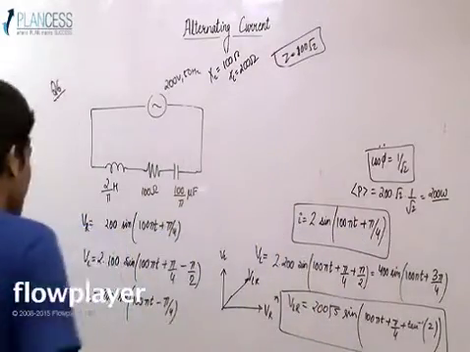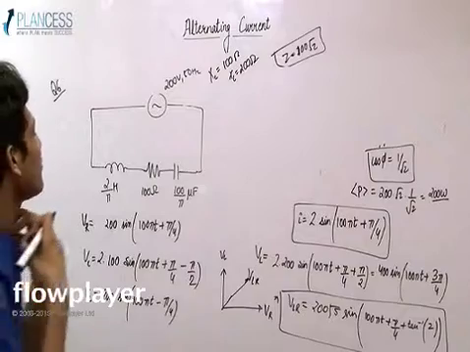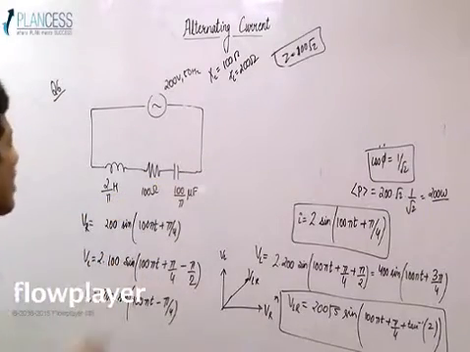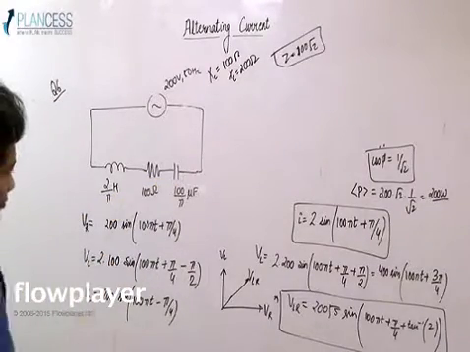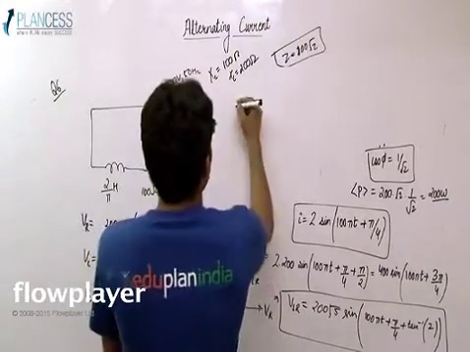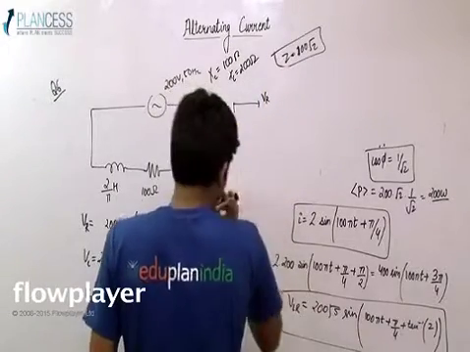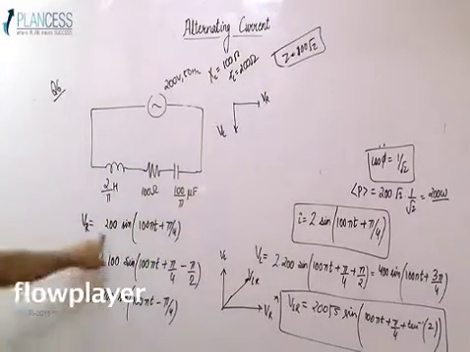Now if I want to calculate the potential difference between these two points, that is between R and C, VR is here and VC is here. So VC is 200, VR is 200.